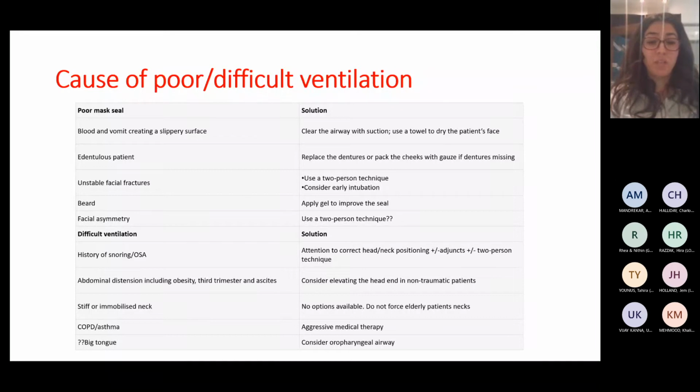If the patient has a big tongue, maybe consider, as we said earlier, an oropharyngeal airway that would bring the tongue forward. Unfortunately, if you have a situation where the neck is immobilized or stiff, there isn't much you can do, and bagging will be difficult, and you need to get to definitive airway management with alternative methods as soon as you can.